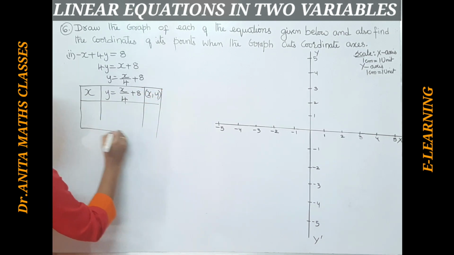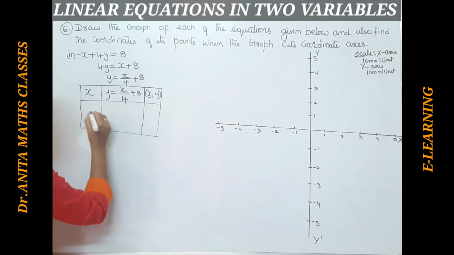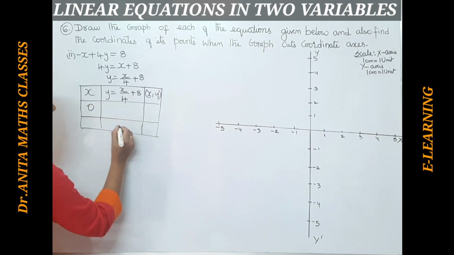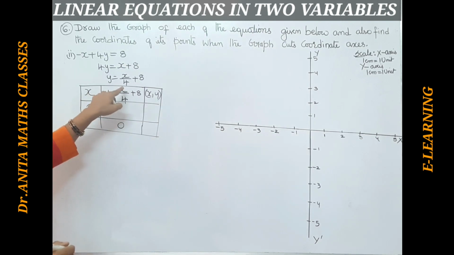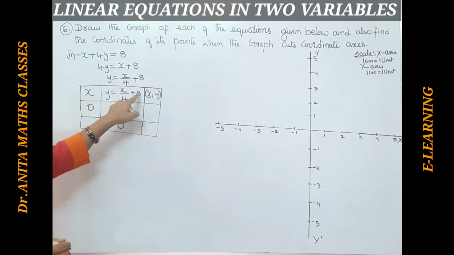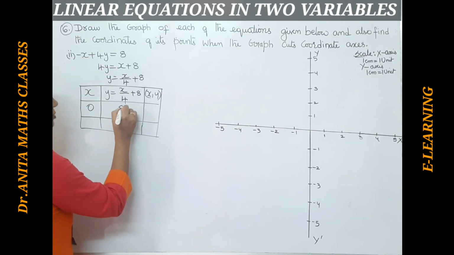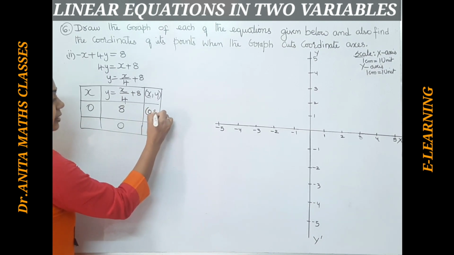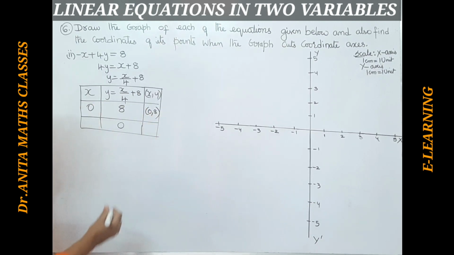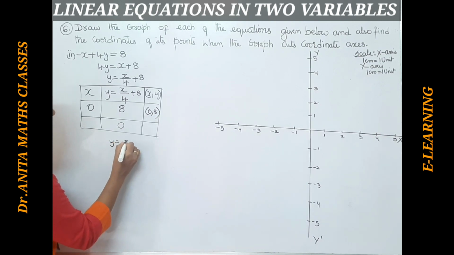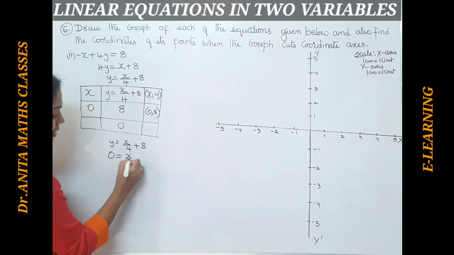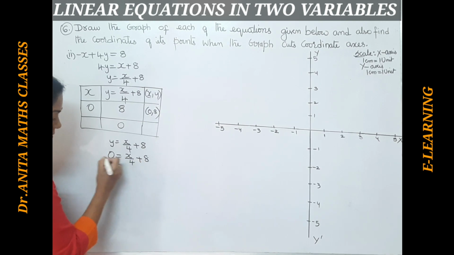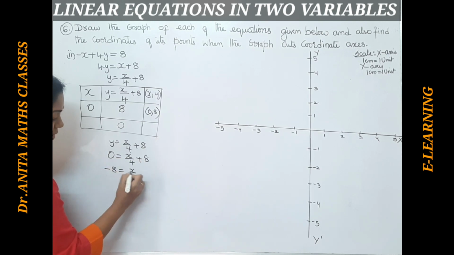In the similar way we will start with x value as 0. When you take x value 0 and substitute here, 0 by 4 becomes 0, so this becomes 8. So 0 comma 8. Now next, when y is 0, x by 4 plus 8, this comes here minus 8, x by 4.